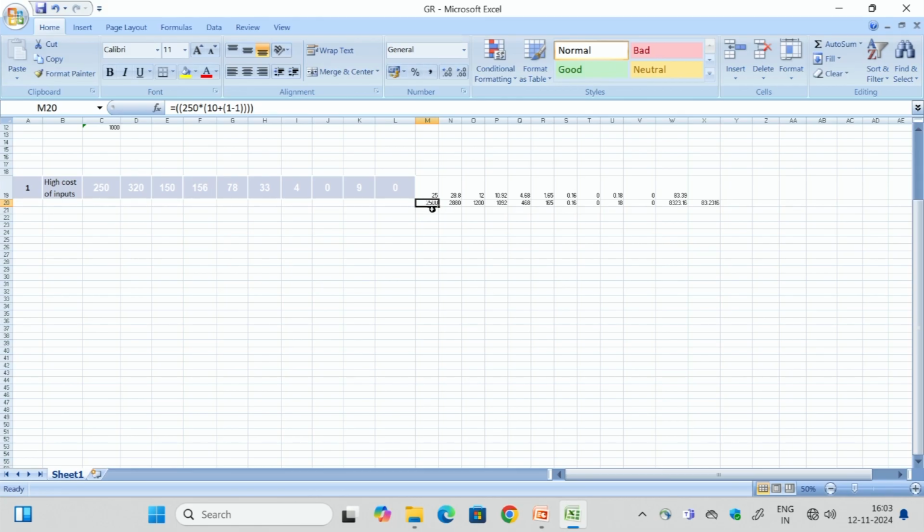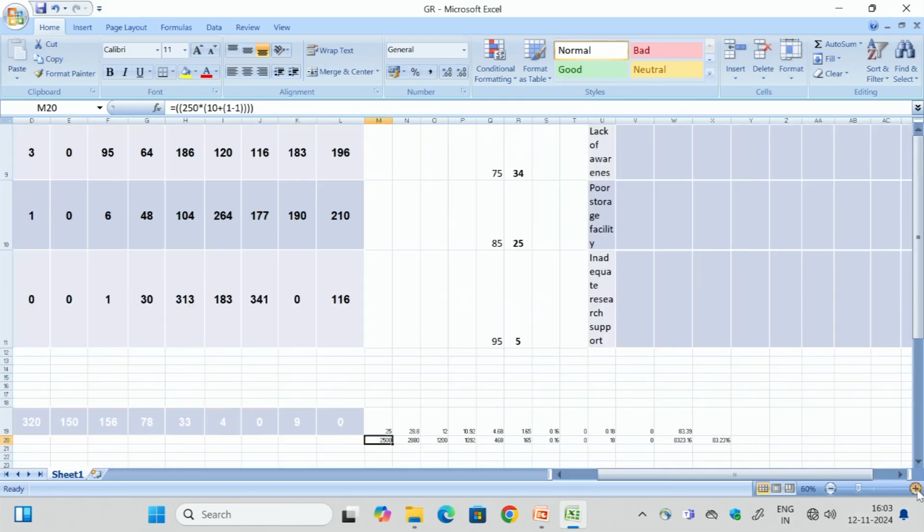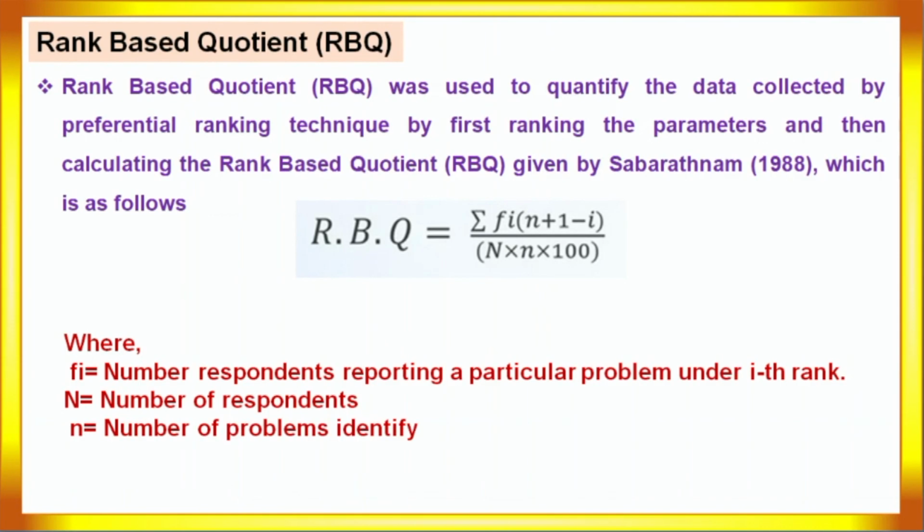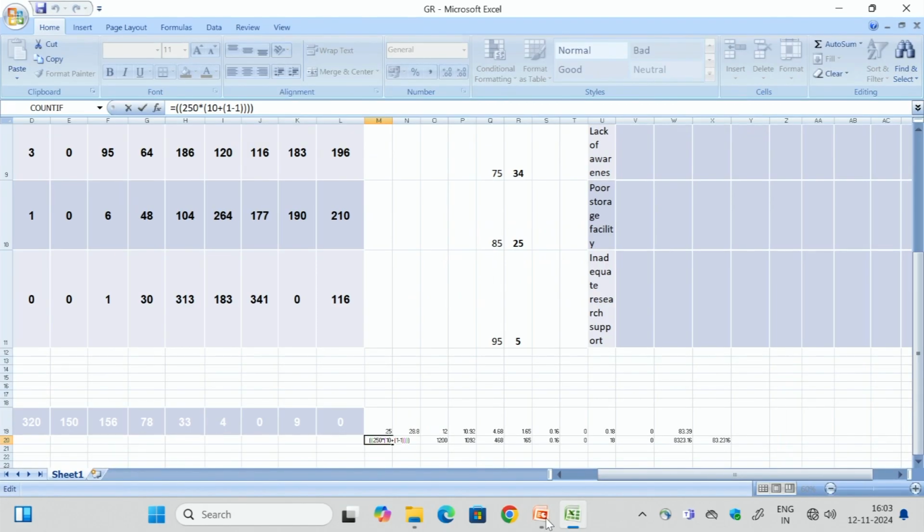I already calculated the first one: 250 was the number of persons, into 10, the number of problems. So n plus 1 minus i, where n is the number of problems you are trying to rank, and i is that particular rank. Here the rank is 1, which is why it is 1 minus 1.